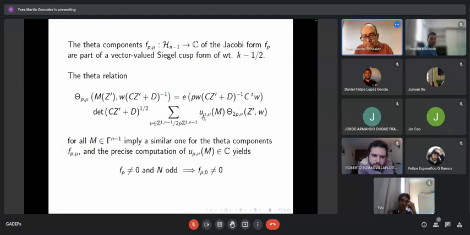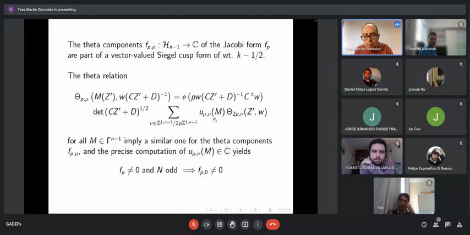And the point is that this relation that I described with the collection of theta functions implies that something similar occurs with the theta components f sub p mu. So in those relations, you always also have these coefficients u mu nu of m.